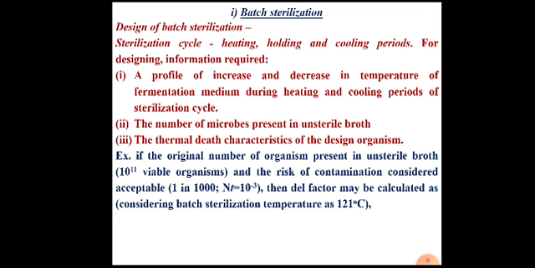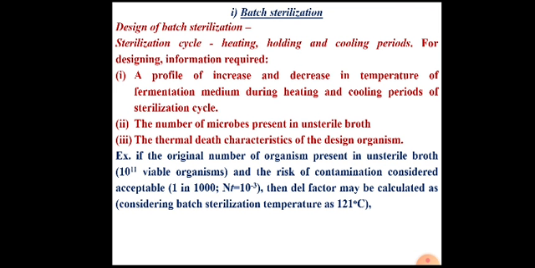That is the risk of contamination. Then it will be 1 by 1000, which is 10 raised to minus 3. So here we'll consider the value of Nt equal to 10 raised to minus 3.